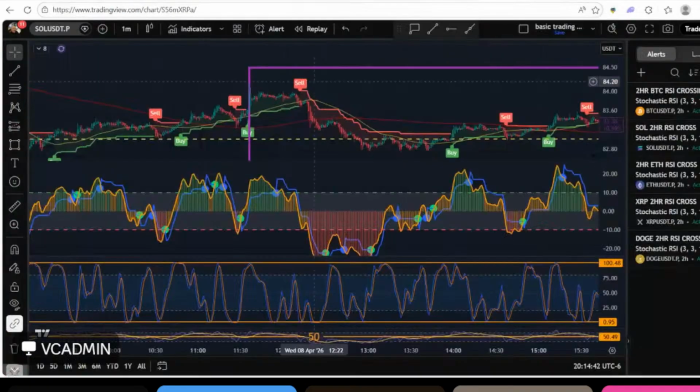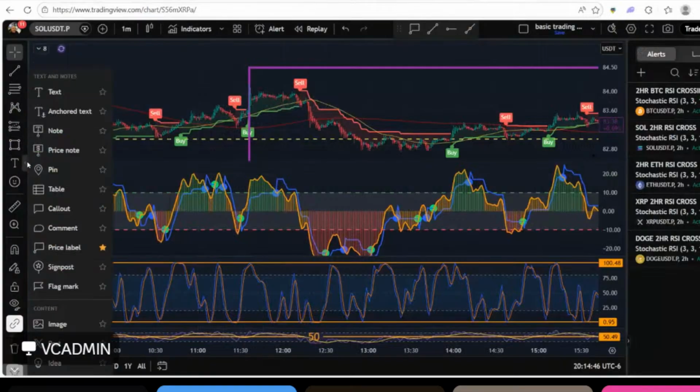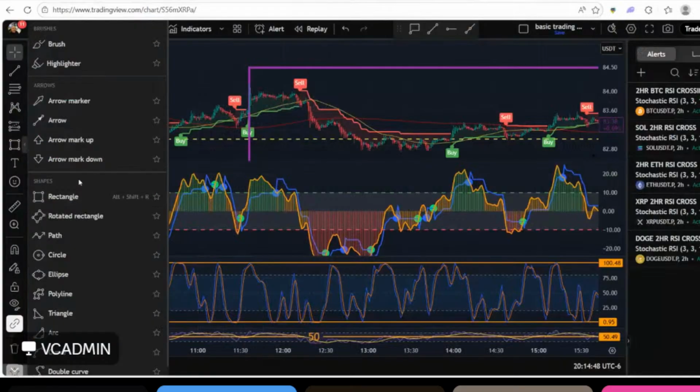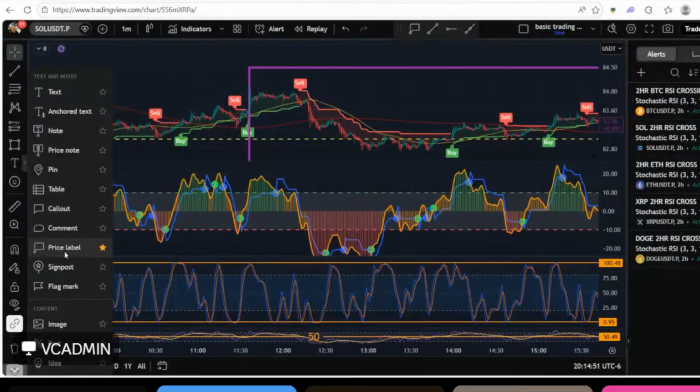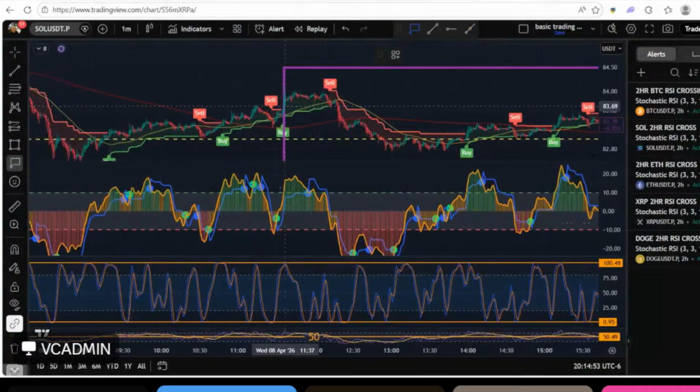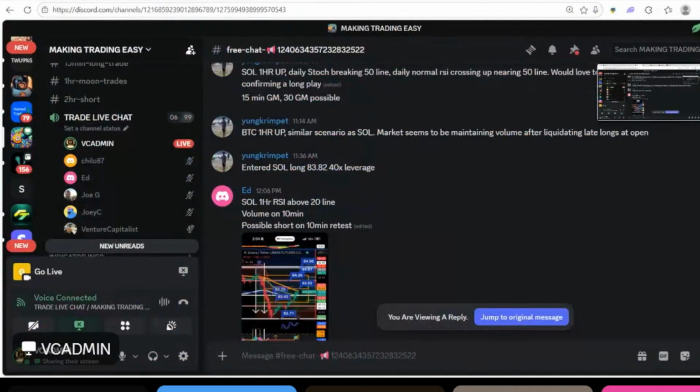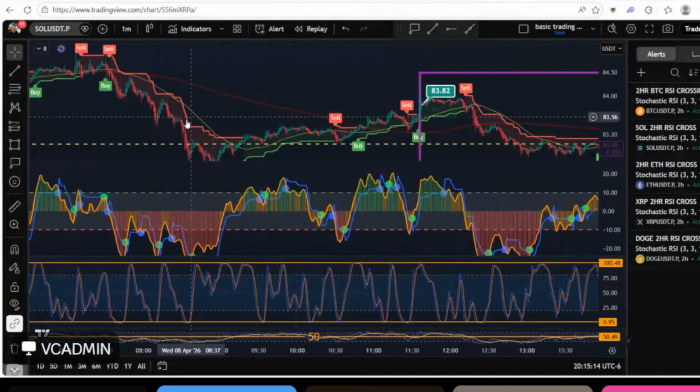So 83.82 is the price that we're looking for. 83.82, right? So it's going to be somewhere at this point here, and that will confirm what we have here. So 83.82, 40x leverage. Now that we have the entry point, we have the time.